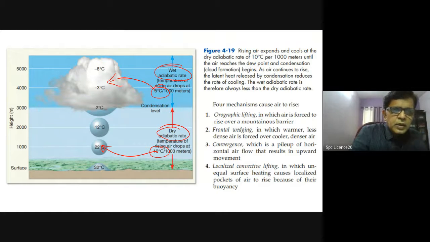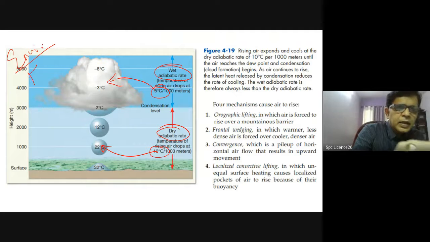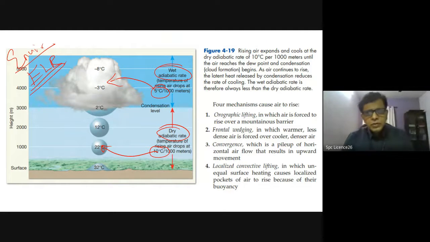The surrounding air is called environmental air, and the lapse rate there is called the environmental lapse rate. We want to use that to understand how air gets stable, how air gets unstable, how air gets absolutely stable, and how air gets absolutely unstable.